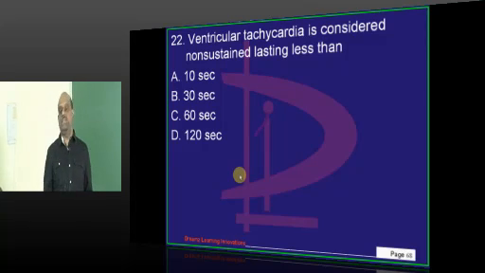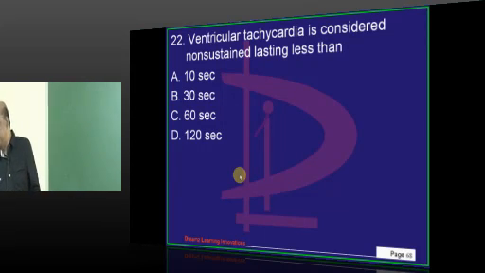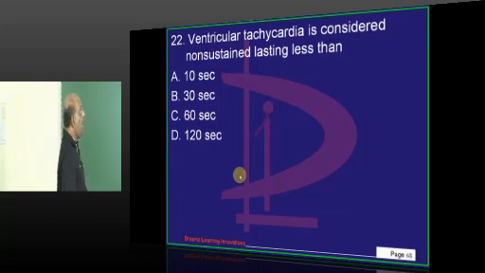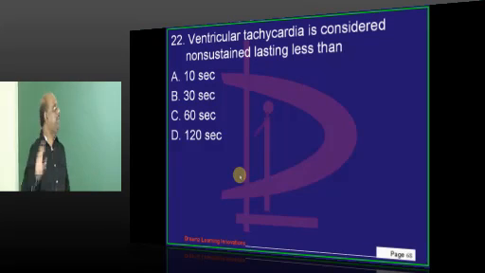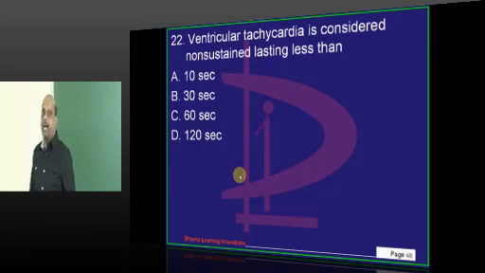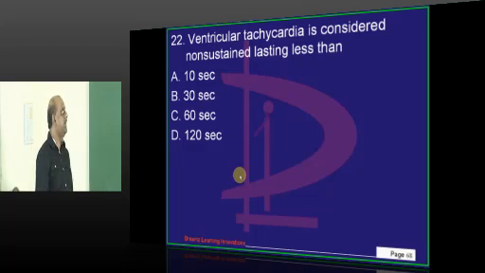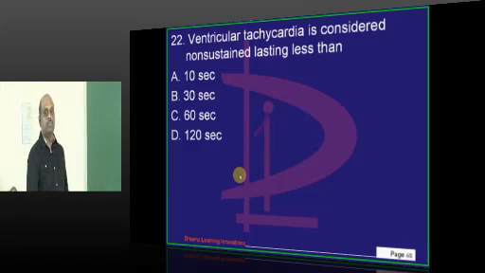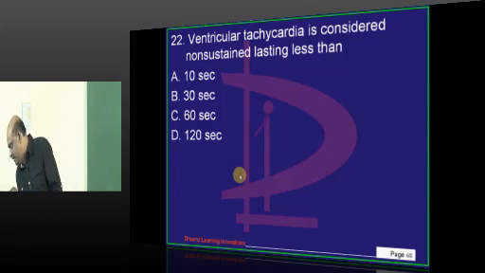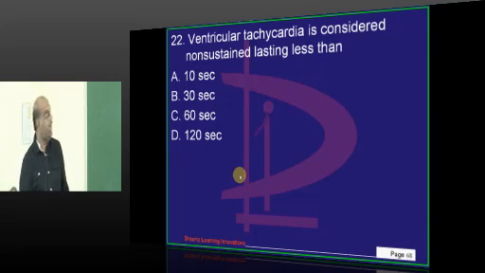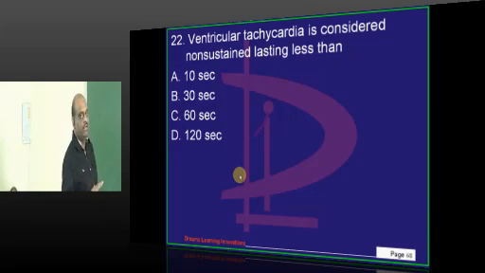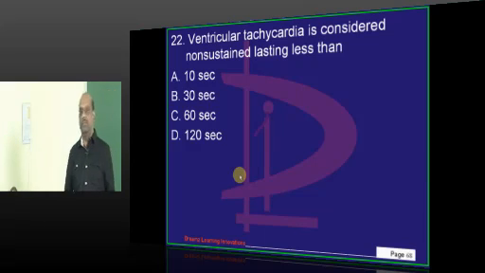How many seconds, if the VT is continuing, do you call it sustained? Less than how much do you call it non-sustained? Who will give me the correct answer? Question number 22. How do you differentiate sustained and non-sustained VT?